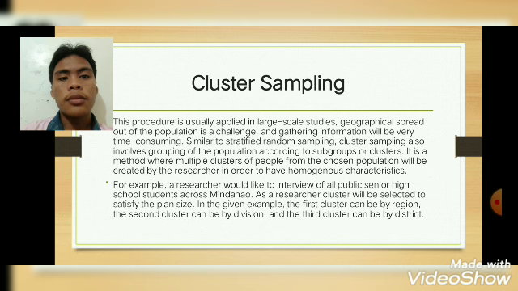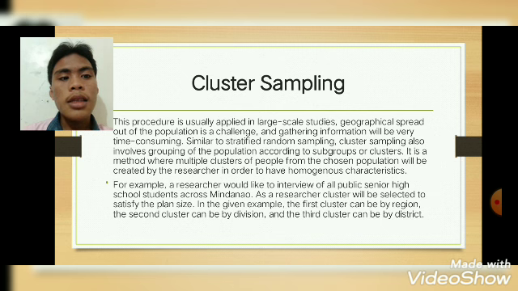For example, a researcher would like to interview all public senior high school students across Mindanao. As the researcher, clusters will be selected to satisfy the sample size.